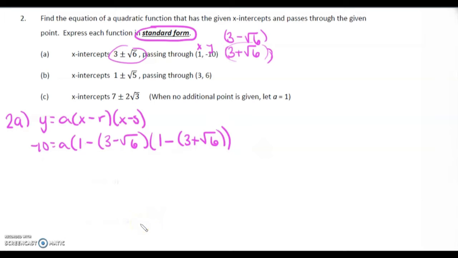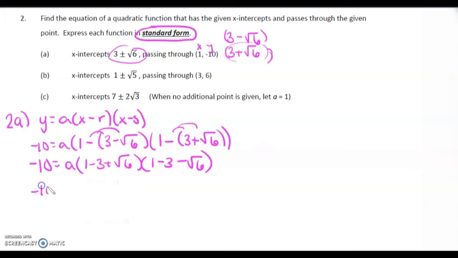Quite long, but all we have to do is solve for A. So we're going to distribute the negative sign into both of these brackets. 1 minus 3 plus root 6, 1 minus 3 minus root 6. We're going to simplify a little bit. 1 minus 3 is negative 2. And 1 minus 3 again is negative 2.